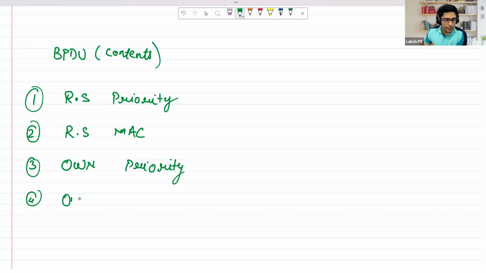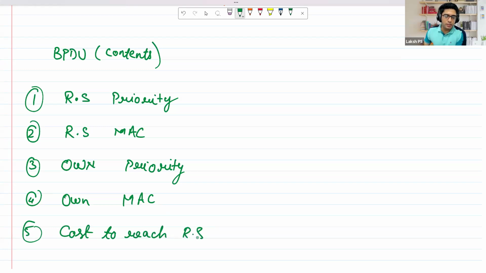Fourth, its own MAC address. Then the fifth is its cost to reach the root switch.